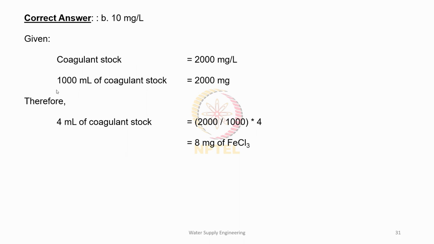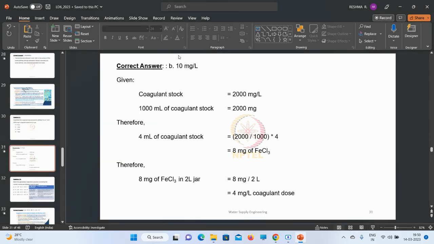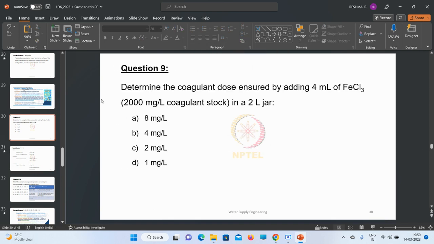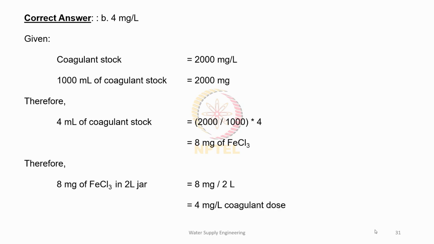Correct? Because we were provided that the concentration is 2000 milligram per liter. So for 4 ml it will be 8 milligram. So when we are adding 8 milligram in 2-liter jar, it becomes 4 milligram per liter dose. It is option B. So hope that is clear.